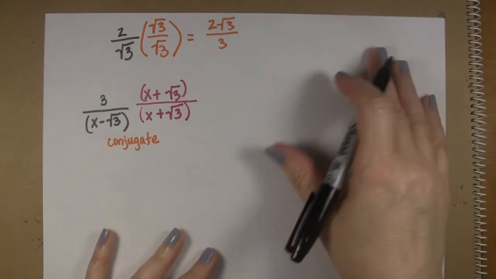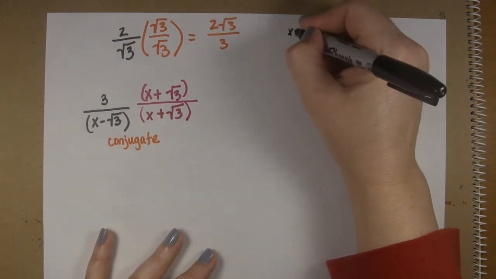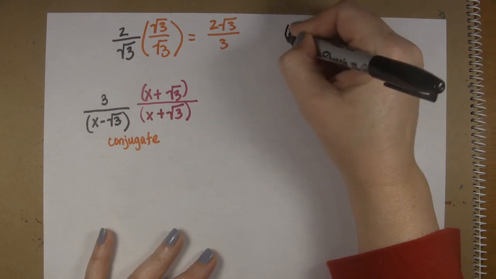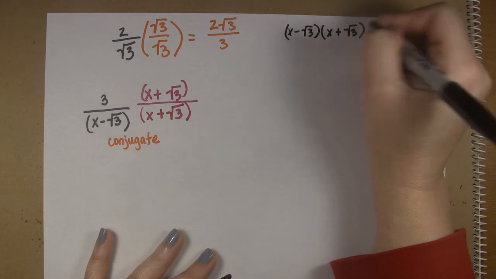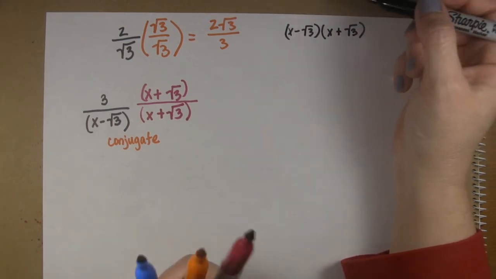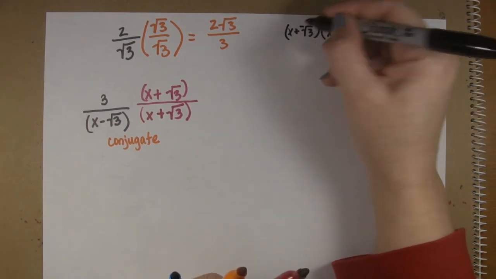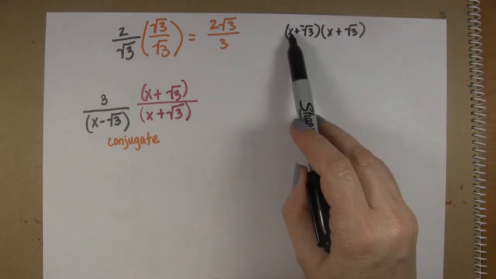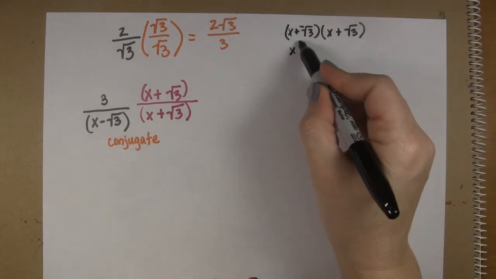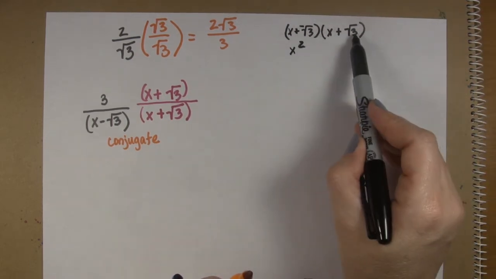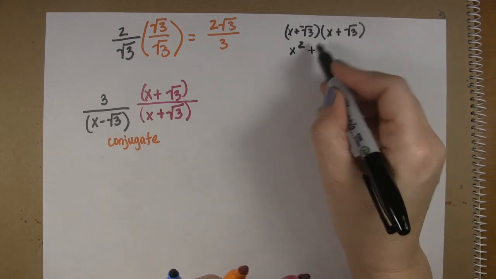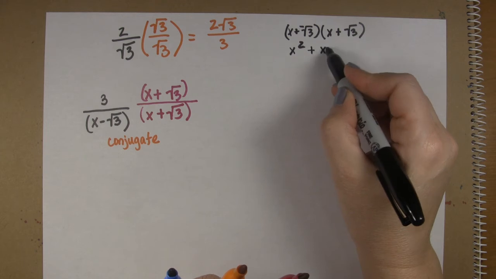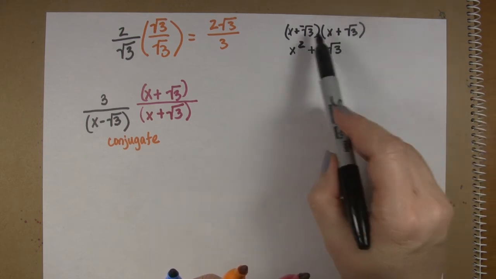I'm going to do it for you up here. So if we have x minus radical 3 times x plus radical 3, let's see what we can do. I'm going to change this into plus a negative radical 3. x times x is x squared. x times the square root of 3 equals x root 3.